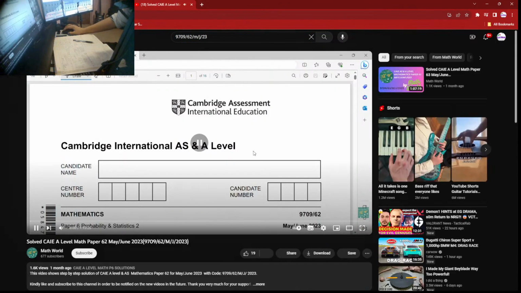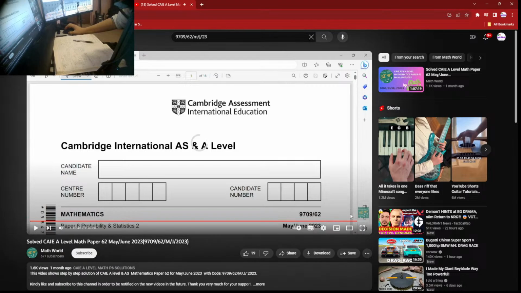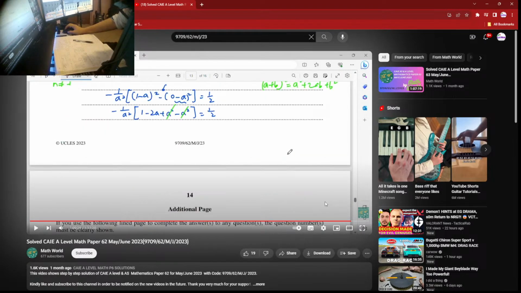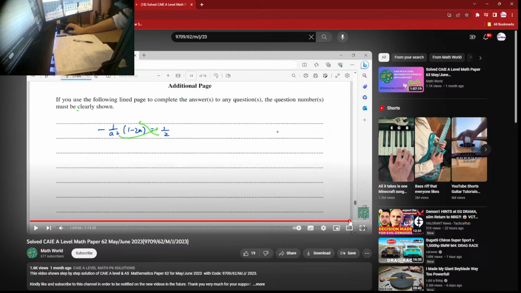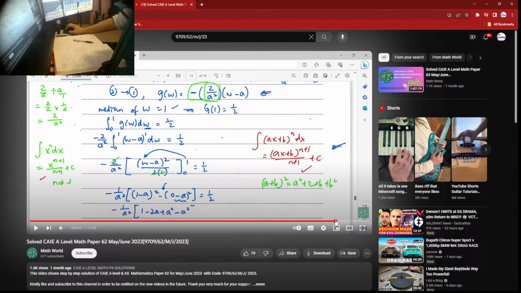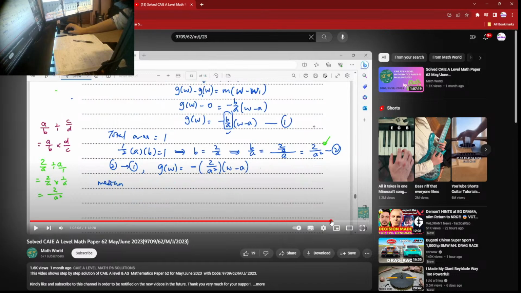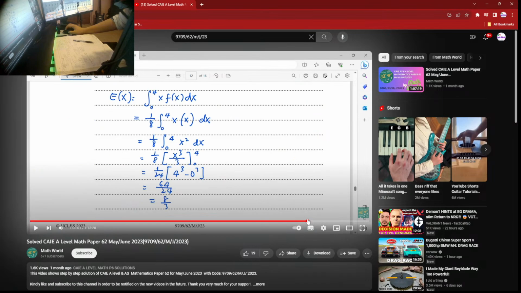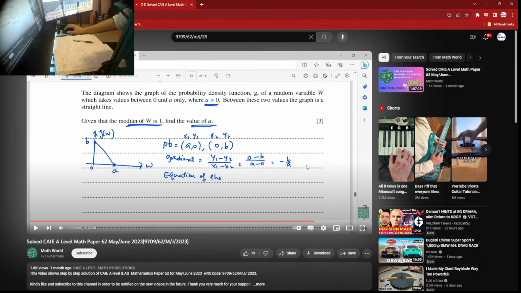Alright, let's look at this. Let's go all the way to the end. What? That's so much just for. Which is y minus y1, not y, okay, I will write w. Then w minus a.